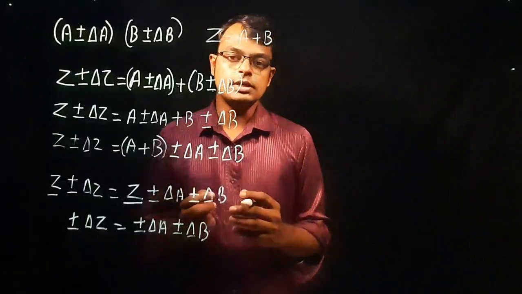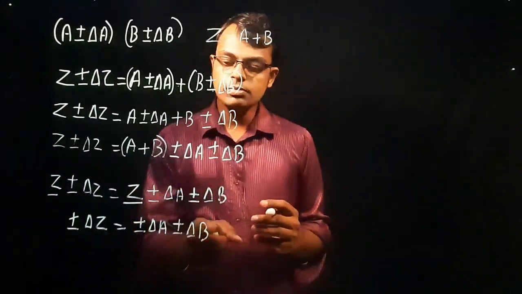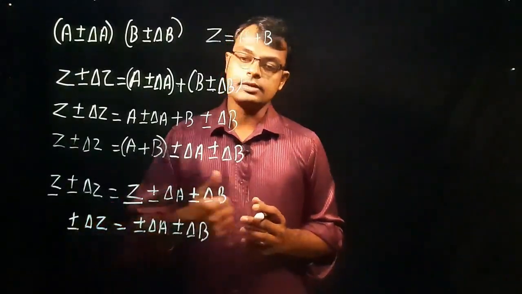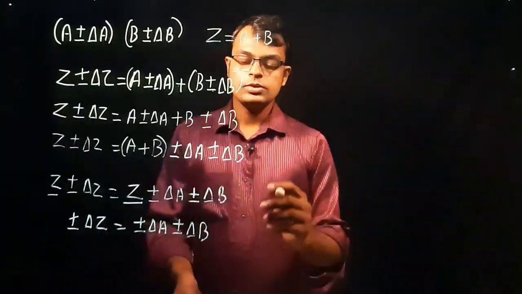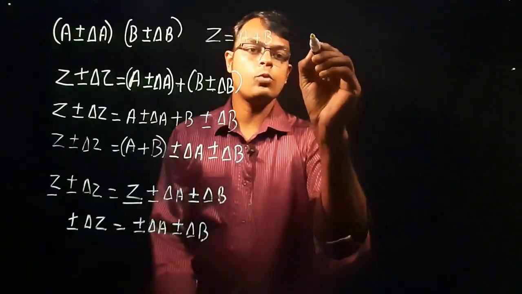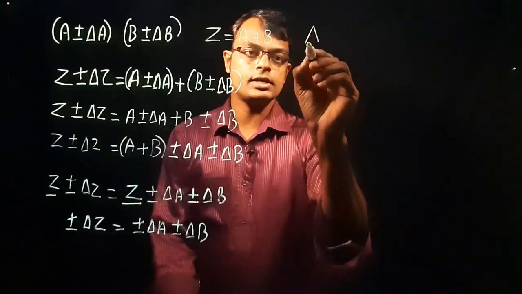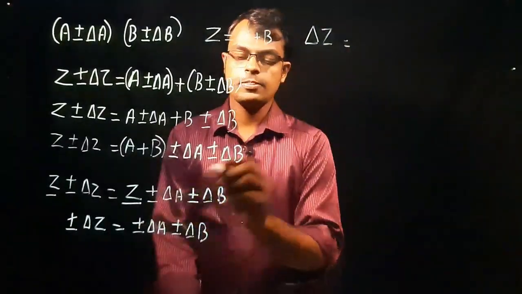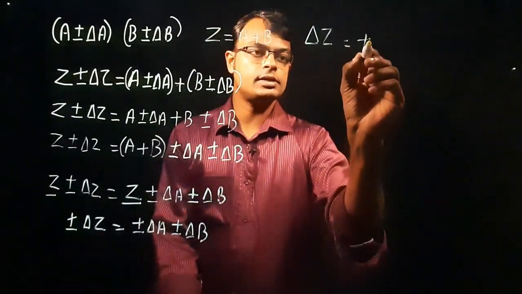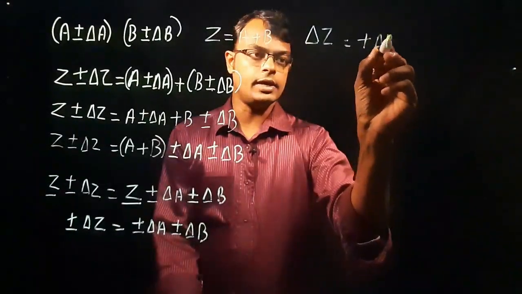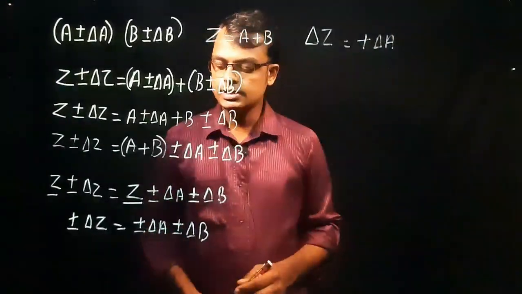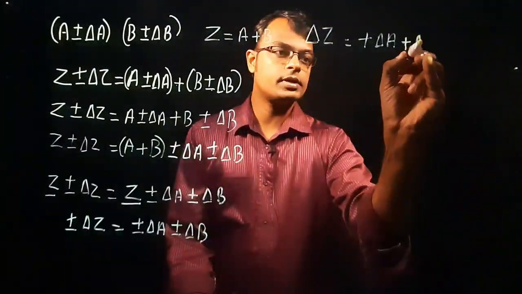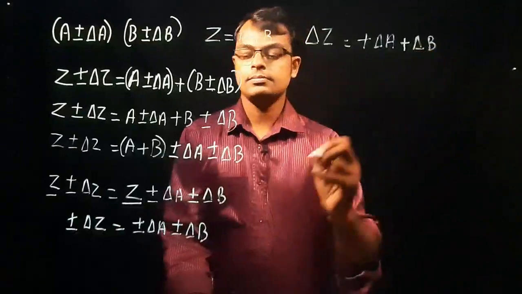So what are the 4 possible error combinations in the final value? The error combinations for delta z: the first one is plus delta a plus delta b.